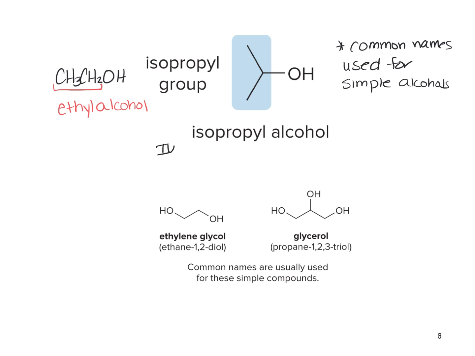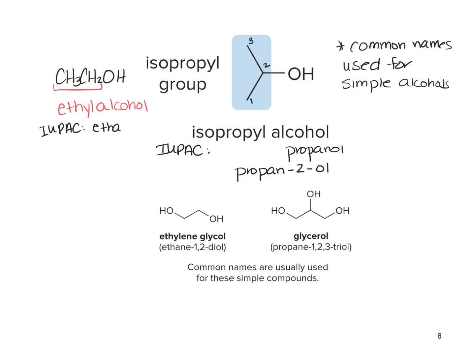If we were to name isopropyl alcohol using IUPAC nomenclature, we would say, okay, that's propanol, right? We have 1, 2, 3 here. And so that is going to be propan-2-ol, like this. Now, I want to show you something here with IUPAC naming.